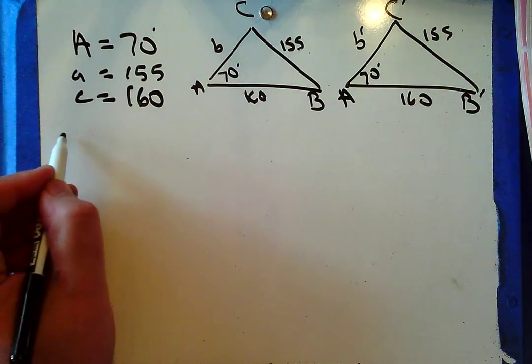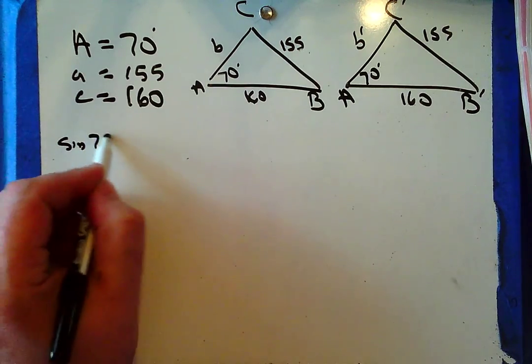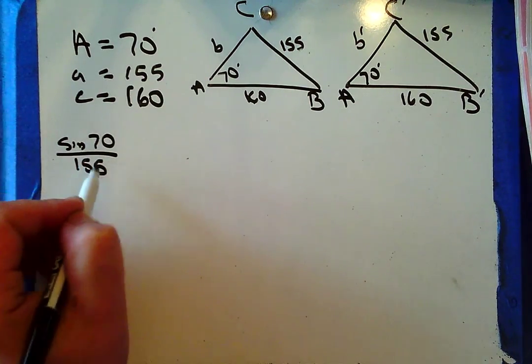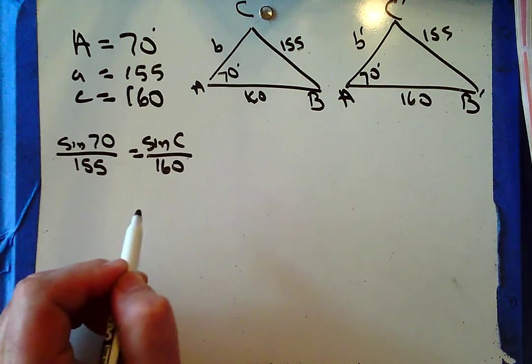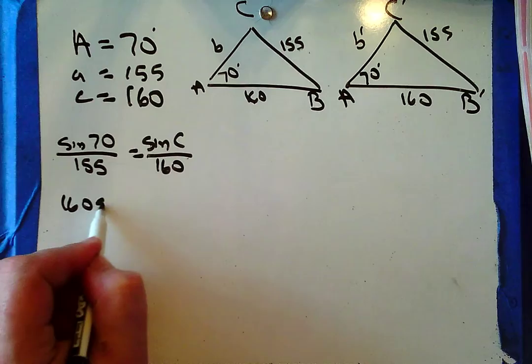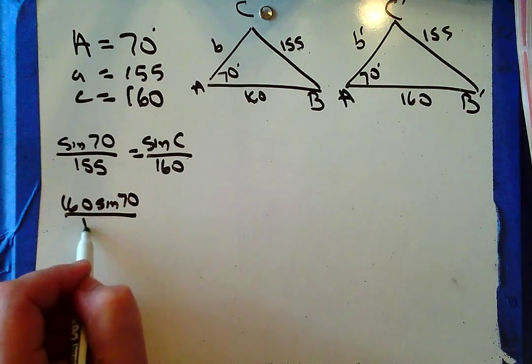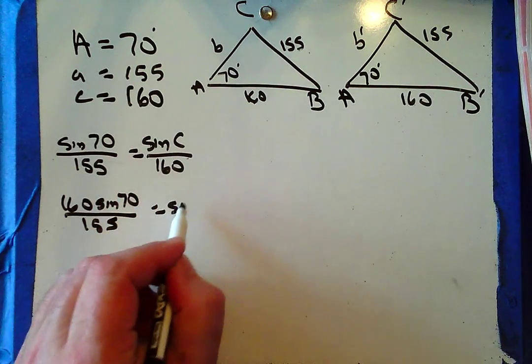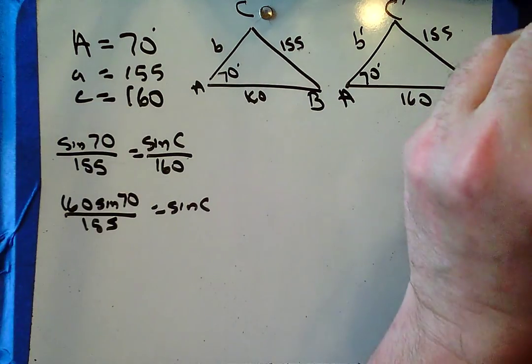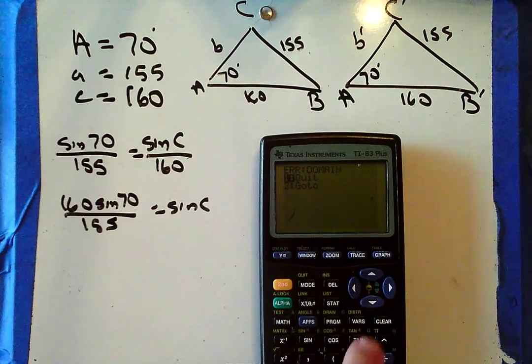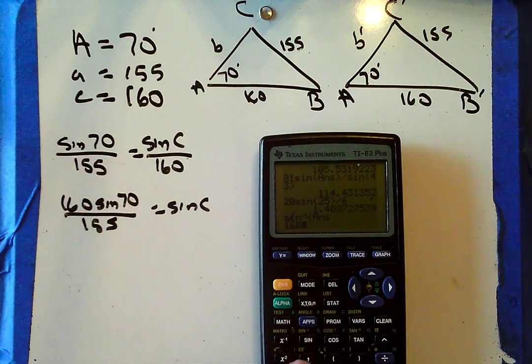So we know that sine of 70 over 155 equals sine of C over 160. So 160 sine 70 over 155 equals sine of C. I'm going to use the calculator: 160 sine of 70 divided by, don't forget to close that parenthesis, 155.